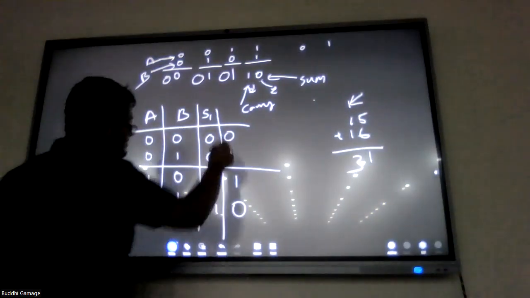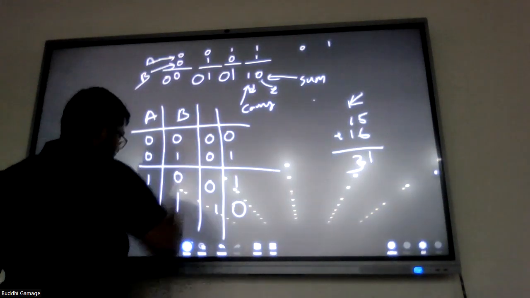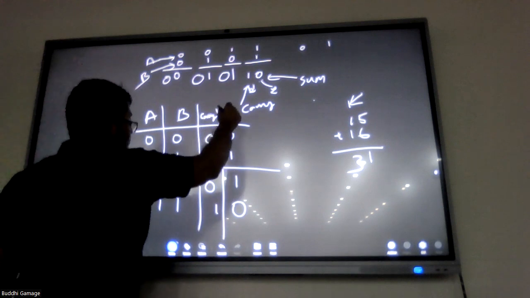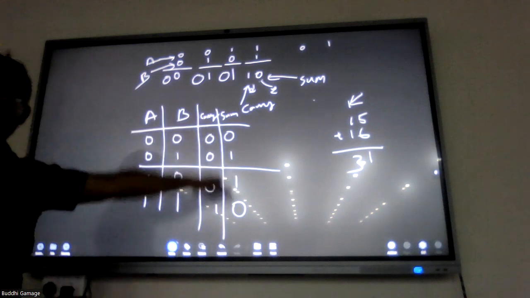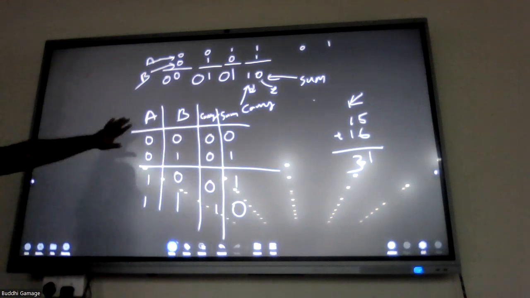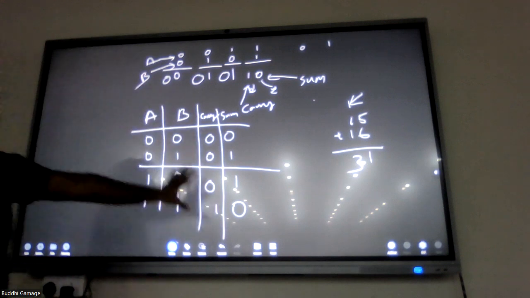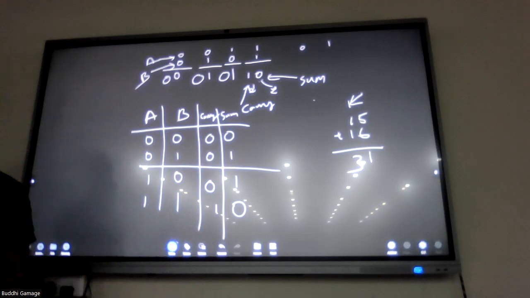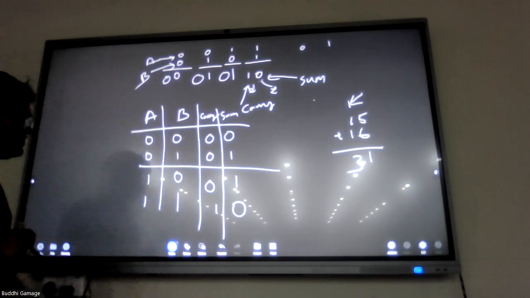So simply we can say this is carry. This is sum. So how many outputs are there? 2 outputs for our 2 inputs. So from this truth table, we can add 2 one-bit binary numbers, right?